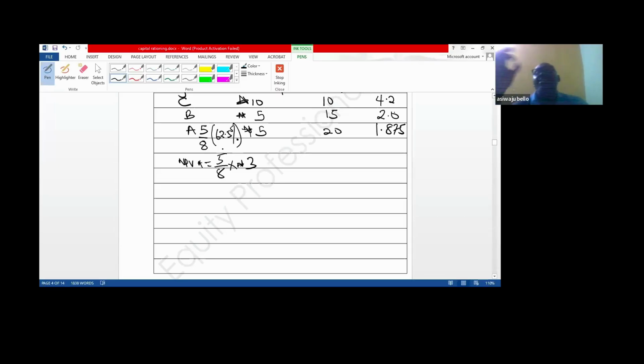We cannot do 100% of the project, but because the project is divisible, we can take a fraction. The fraction is 62.5%. Then you are going to compute 62.5% of the net present value. That is the amount we can achieve.